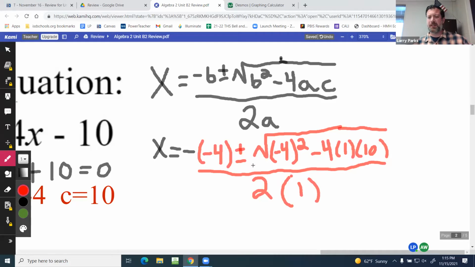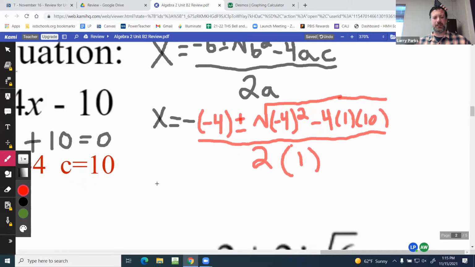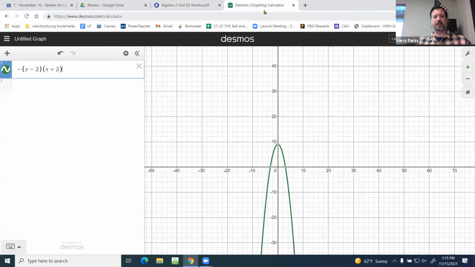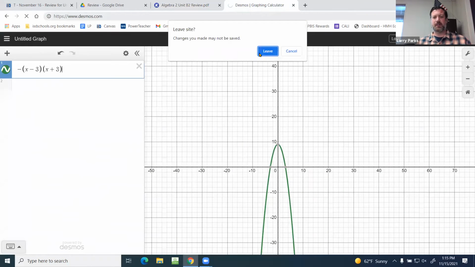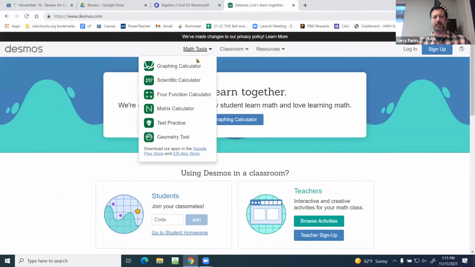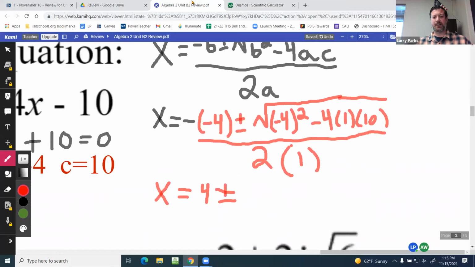All right, so -4, that's 4. I'm going to run out of room. I'm probably just going to type that in my calculator. I'll show you on Desmos here. Scientific, and you'll have access to this.